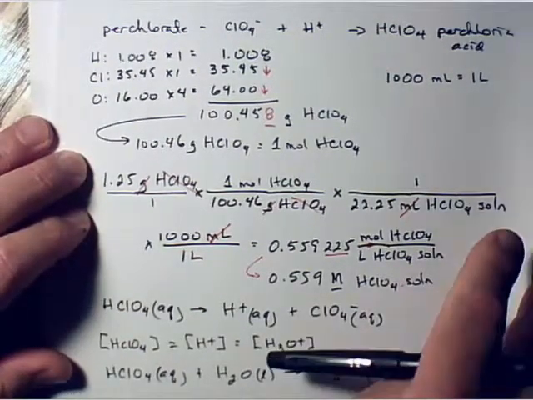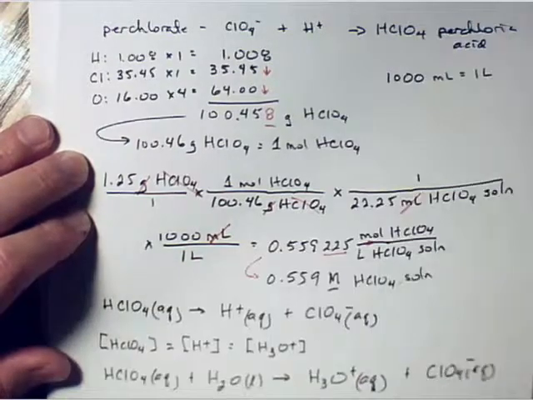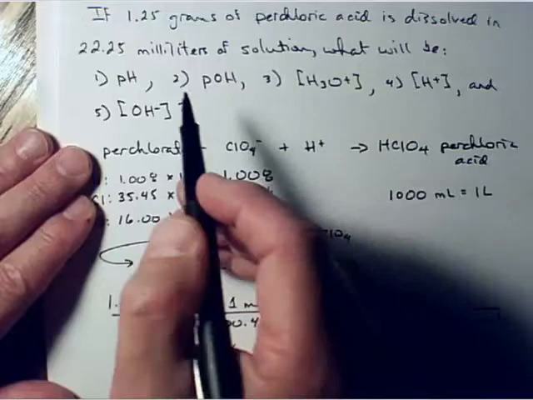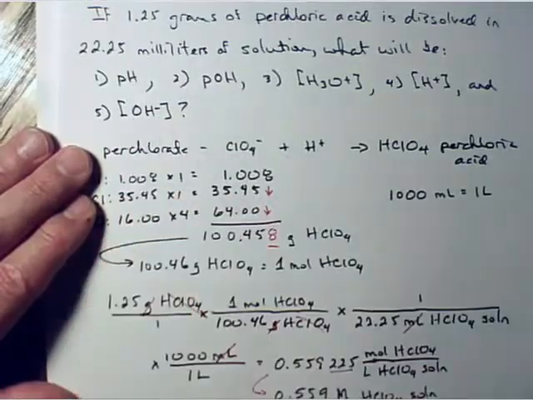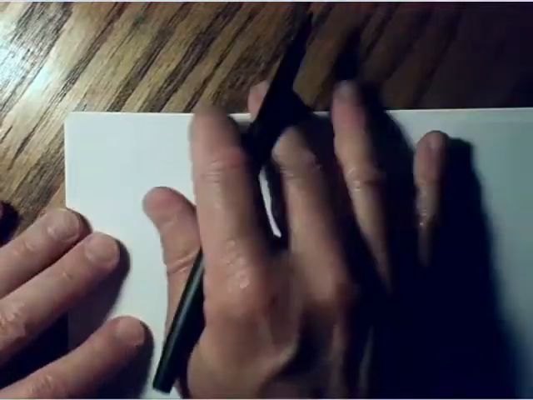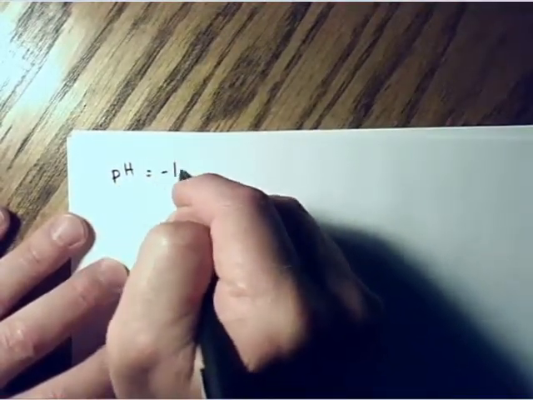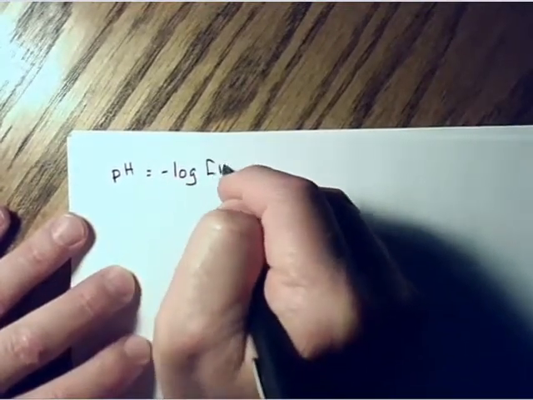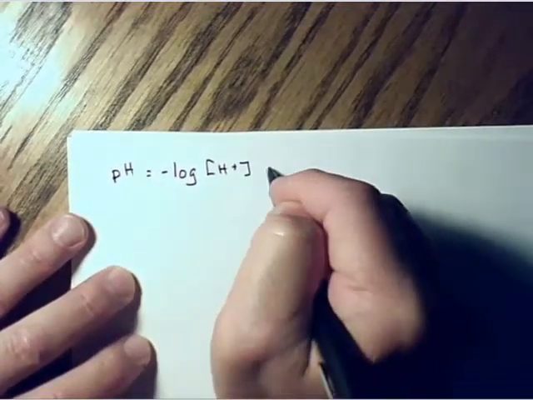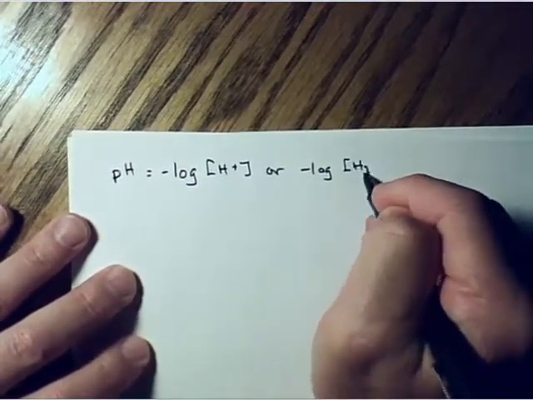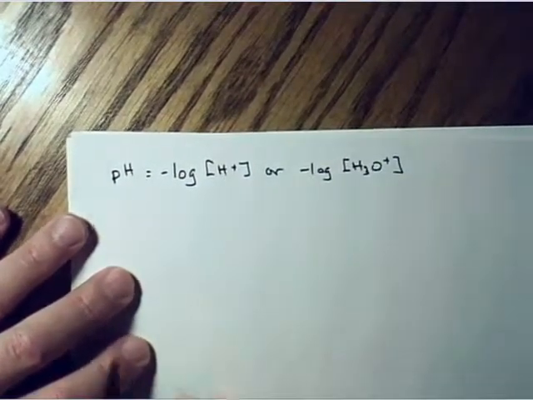Okay, now, that gives us 2 of the answers the question asks for. These 2 right here. Now we got to find these 3 right here. All right? So to find the pH, we take the negative log of the hydrogen ion concentration or the negative log of the hydronium ion concentration, and that's the same thing.